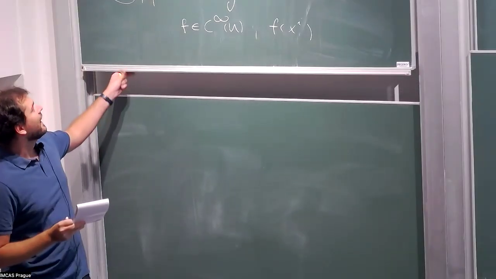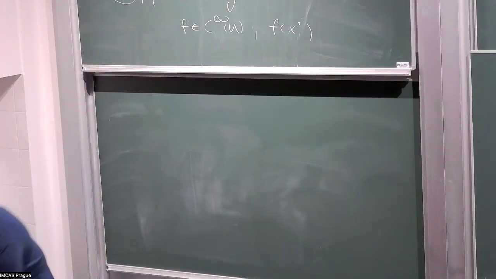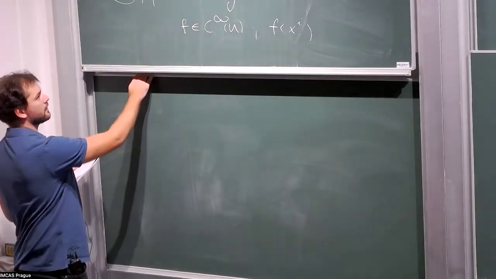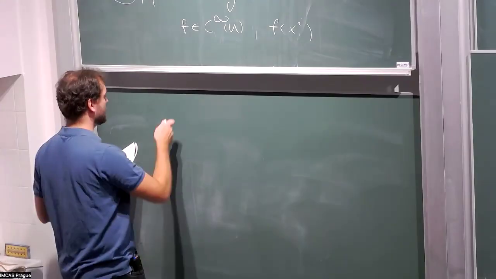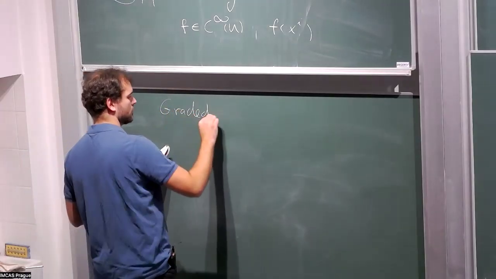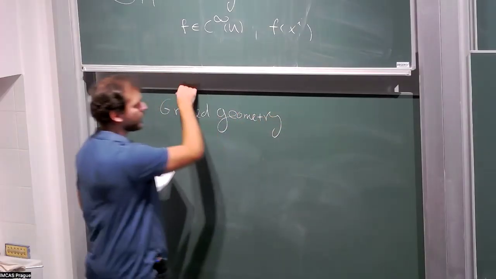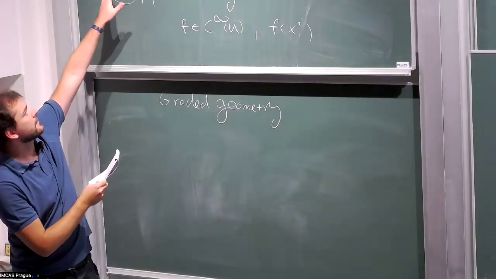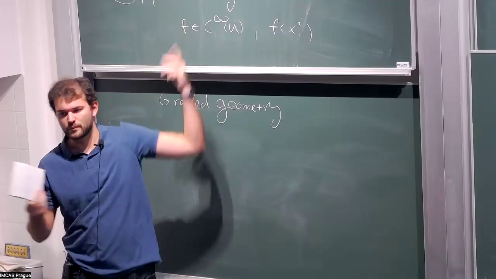Nor should it be. But I think it's a good starting point for graded geometry, just to reiterate these things, because for graded geometry the main idea is to keep this side the same, but make this one bigger, more interesting.